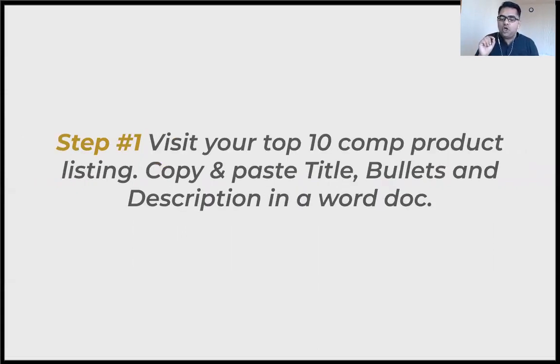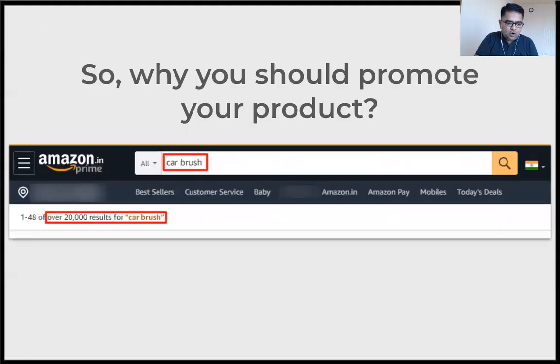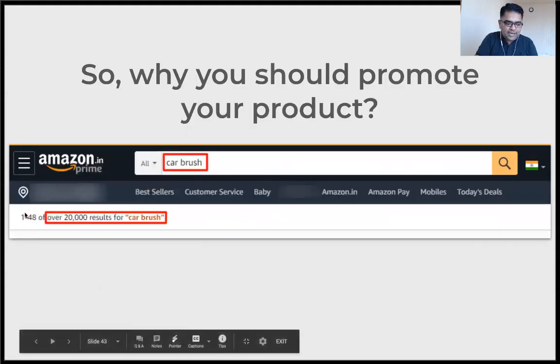Visit your top 10 competitors product listing. How do you visit your top 10 competitor listing? All you have to do is go to the search bar and type in the keyword for your product. Suppose if you want to sell car brush, you just have to type in car brush and you will see all the search results. In this case, on the first page, we can see 1 to 48 results. You will get all the 48 results.